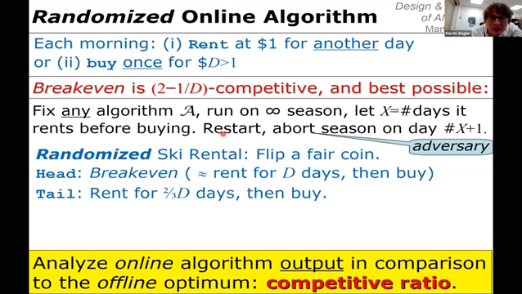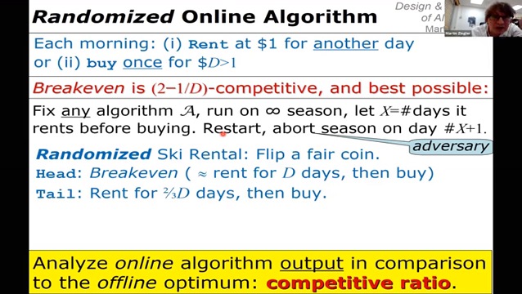it will run for 2/3 times the number of days, and then make a purchase. Remember, the break-even algorithm will run for D minus 1 days to be precise, and then on the Dth day it makes a purchase. But let me on this slide be a little generous and ignore this plus minus 1, because we're interested in asymptotics anyway.